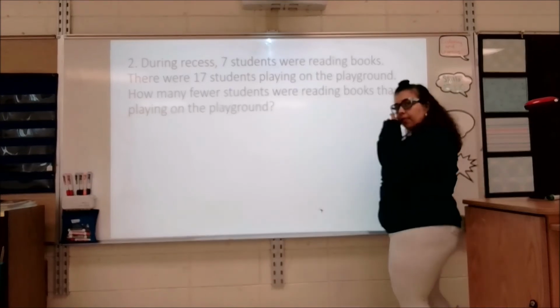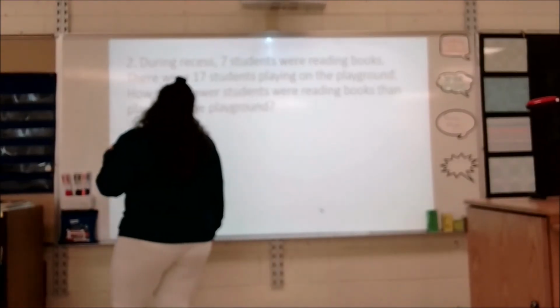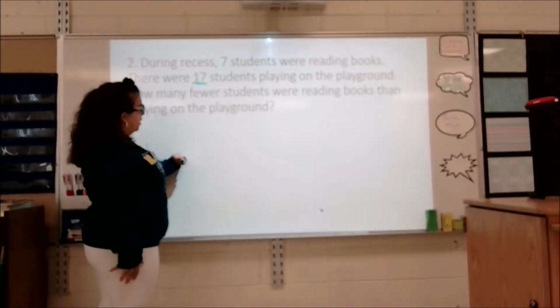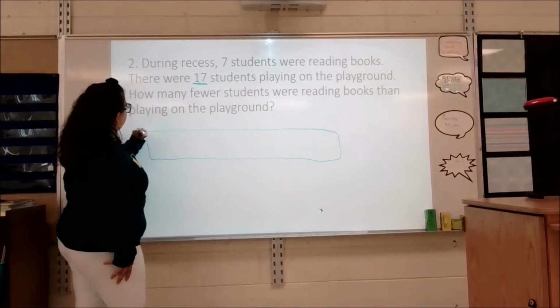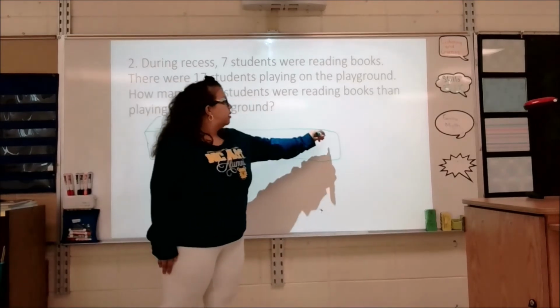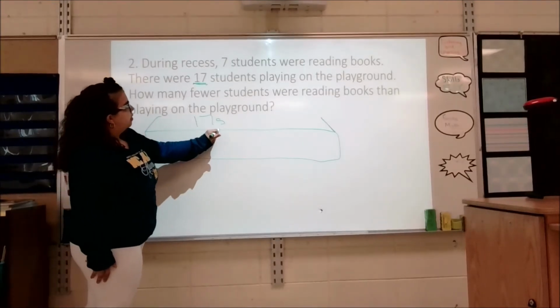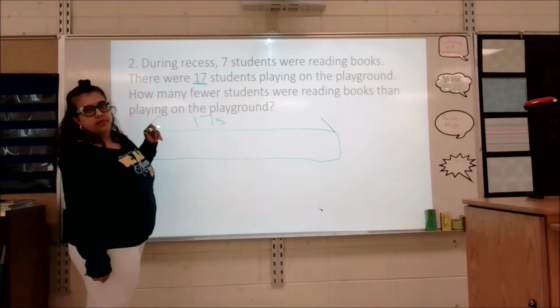Okay, so this problem calls for a single tape diagram. A single tape diagram representing the whole, the largest number, 17. Big old long block. 17 students. And then we're told that 7, is 7 a big part of 17 or a smaller part of 17?